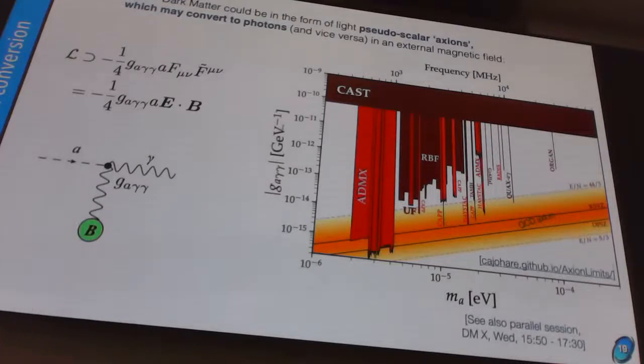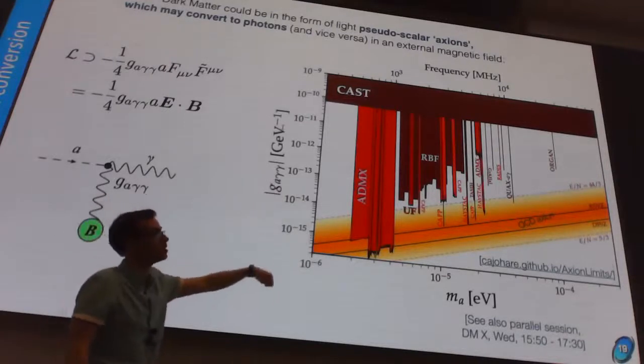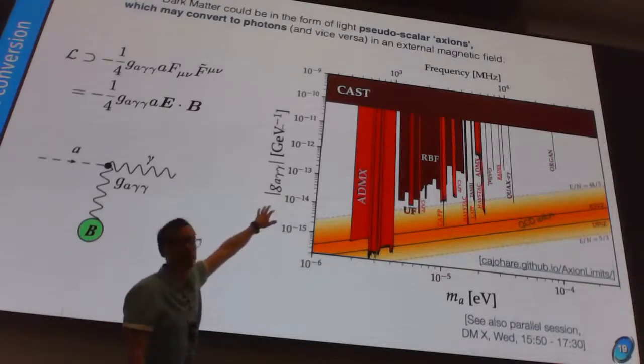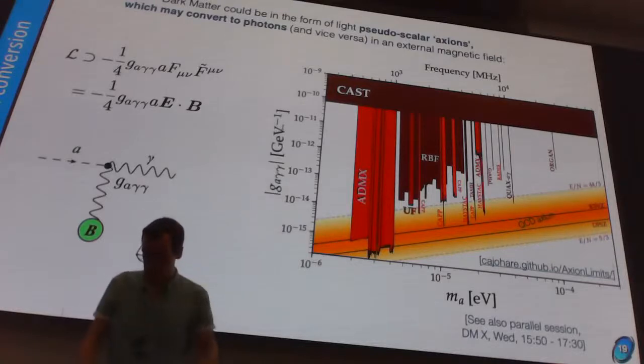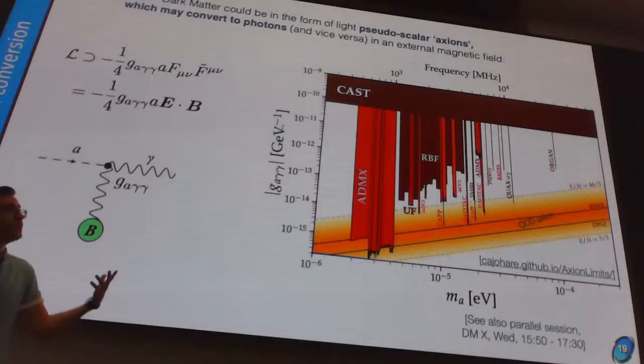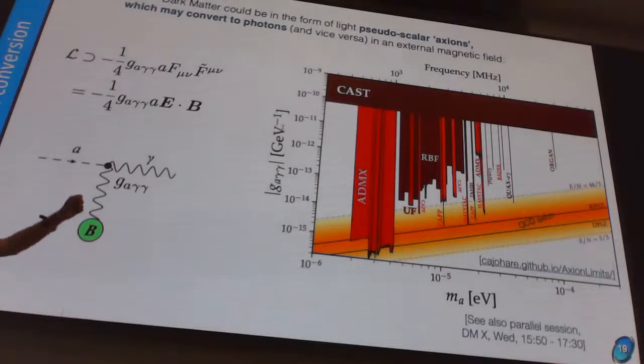People have been doing this for a long time, trying to slice through this parameter space, looking for this coupling between the axion and the photon. It's hard to do because you need to tune your resonant cavity to match the mass of the axion you're looking for, and so it's really painstaking to do all these little slices down into the parameter space.